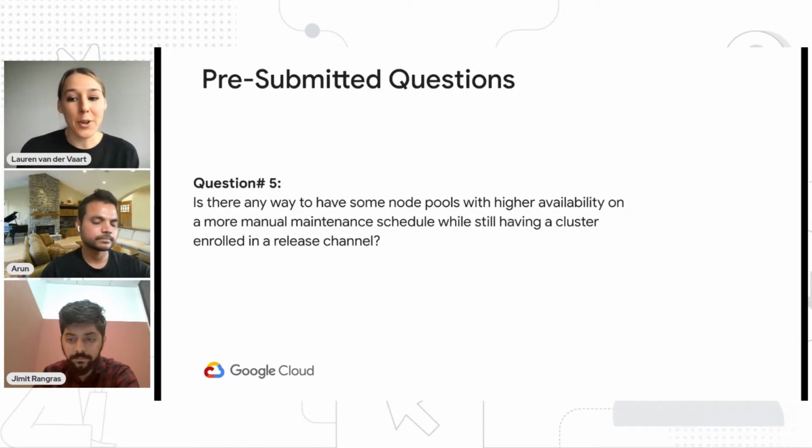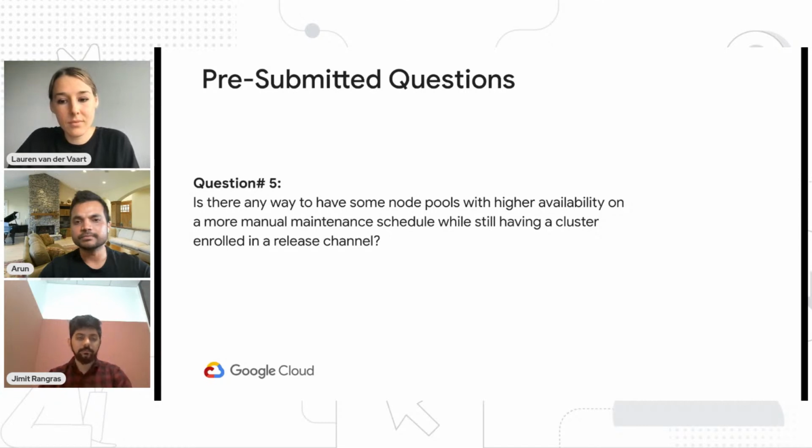The last one here that we'll cover: is there any way to have some node pools with higher availability on a more manual maintenance schedule while still having a cluster enrolled in a release channel? If I understand the question correctly, you're asking about a cluster in a release channel.